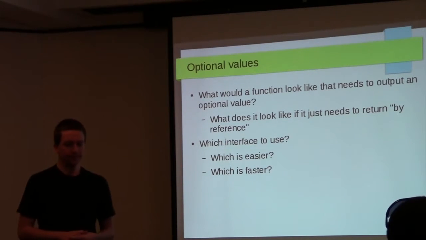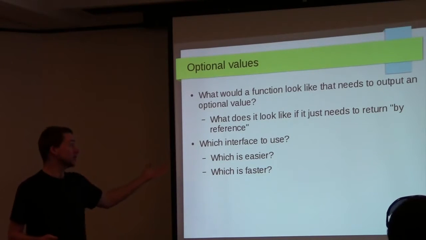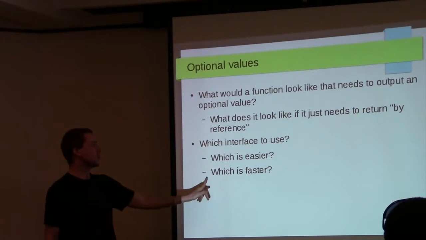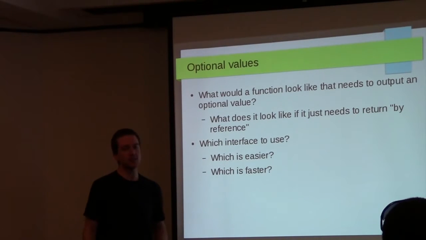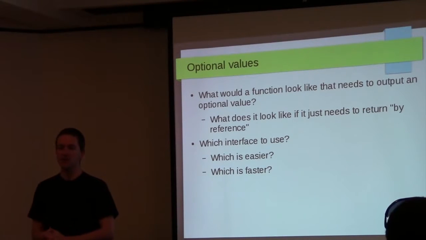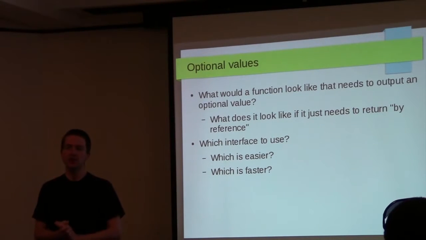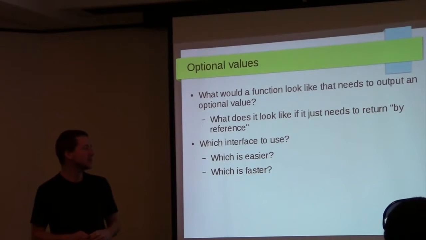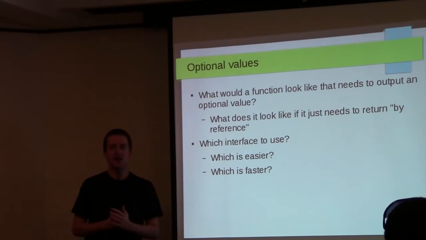And that actually goes very nicely into this next part here, particularly in the question of which is faster. So if you don't need runtime polymorphism, if you're not trying to return a base class that could be any one of several derived classes, you don't need that functionality, then you have a choice to make.